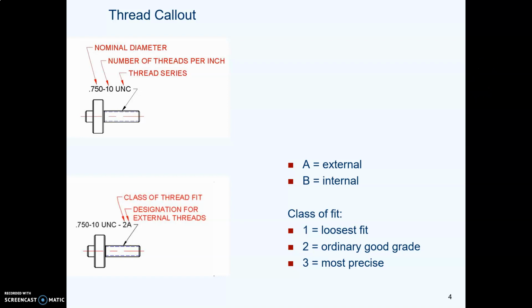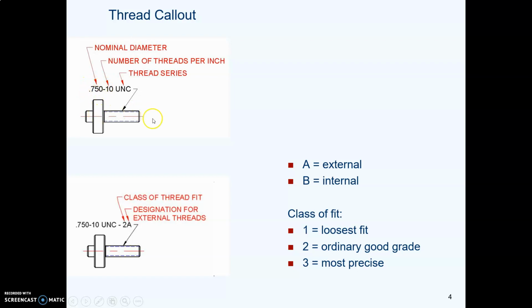Now, when you, let's say, dimension your threads, you don't really dimension the threads. All you have to do is point at them with a leader and write this note. So here's the beginning of a note, and here's how it begins. It starts with the size of thread.